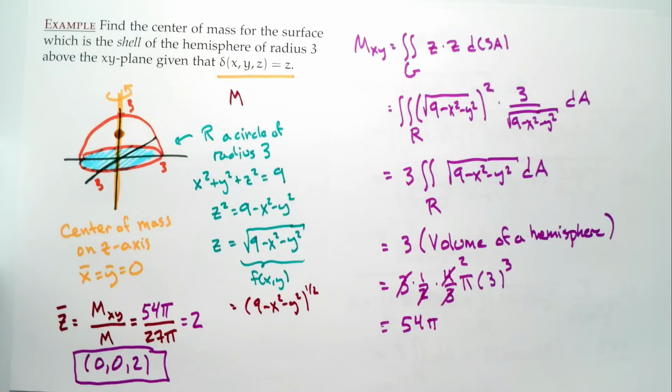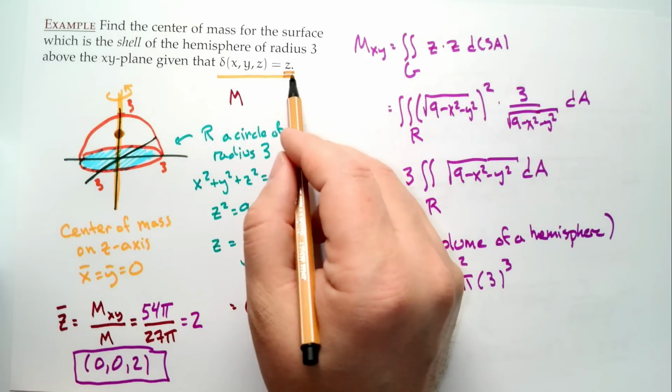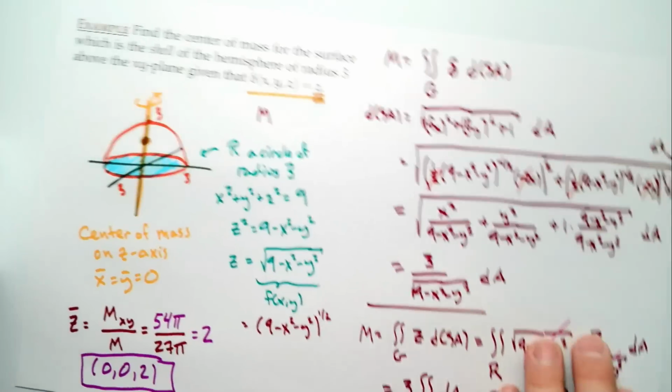Should there be a bias towards the top? Well, yeah, there should be a bias towards the top, because we think about our density. It gets thicker the higher up we go. So we should expect there to be somewhat of a bias towards the top. So 0, 0, 2, that's a good, reasonable answer. All right, well, that's not so bad. Whew, thought it was not going to work out. All right.